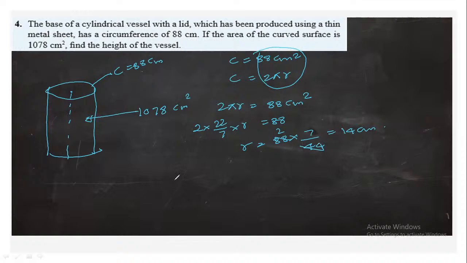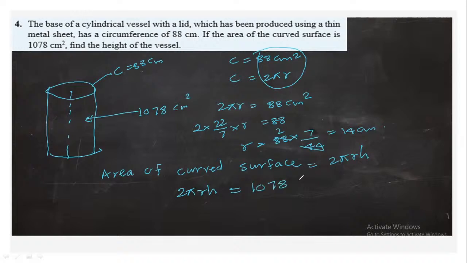Now they are asking the height. The curved surface area equals 2πrh, and it has been given as 1078 square centimeter. Now you substitute the radius. 2 into 22 over 7 into 14 into h equals 1078 square centimeter.